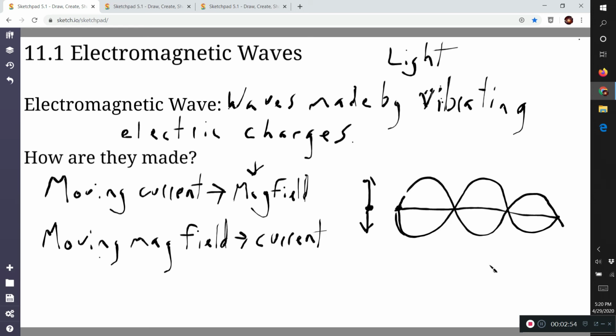So that doesn't look real great. So if you were looking at this head on, the magnetic field is going to be going, this is up, then down, but this is out, then in. And so it's hard to tell from this. Your book has a really good picture of it on page 340.